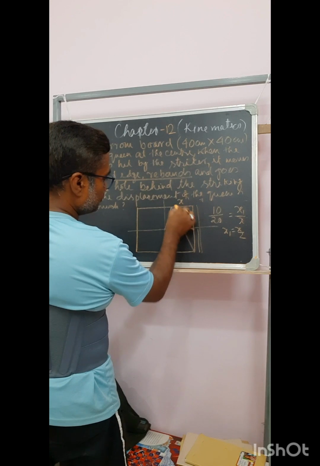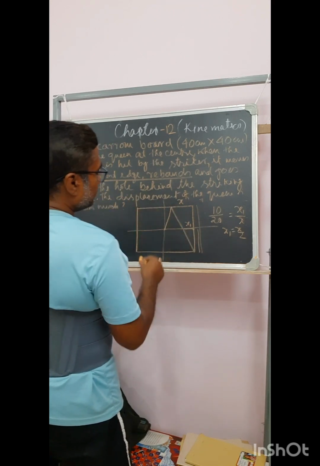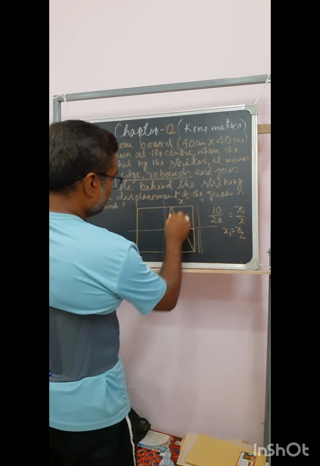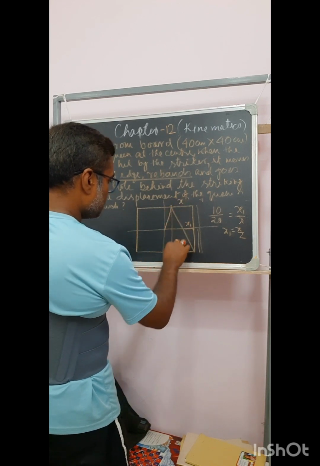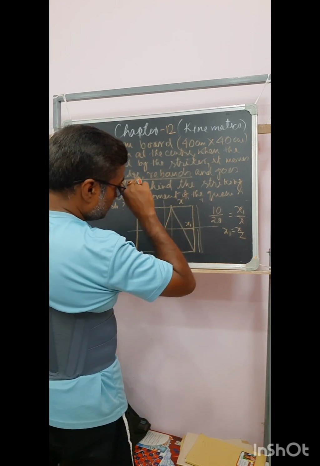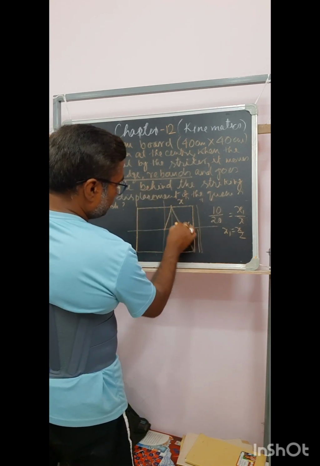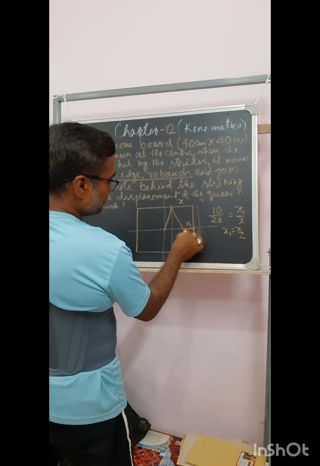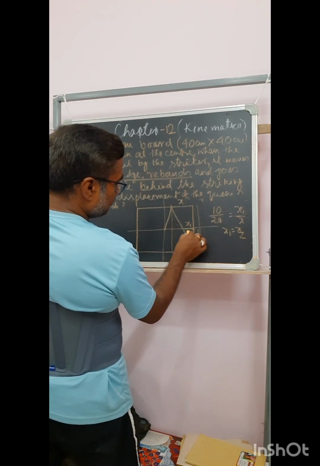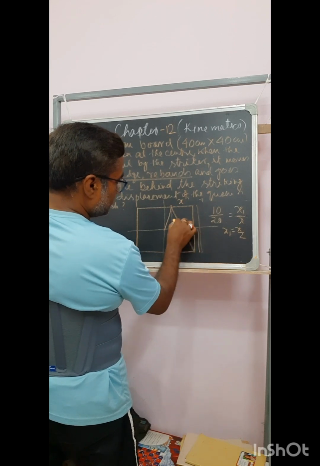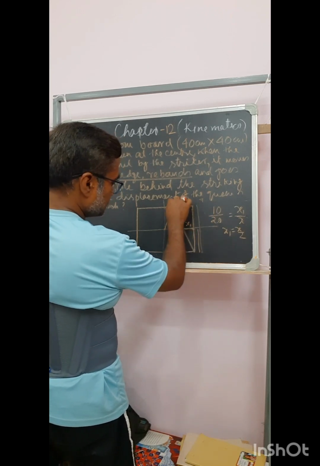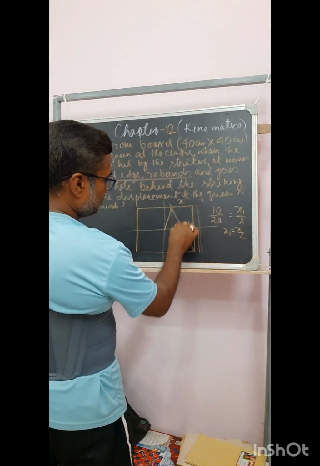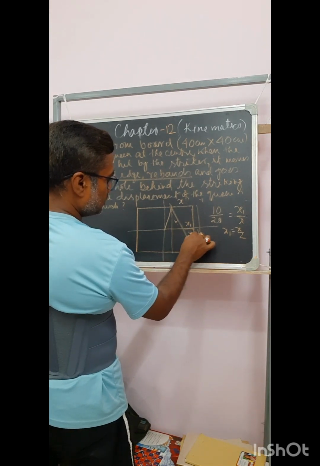Okay. So from there, if I draw this triangle, these two triangles must be similar, because this parallel to this is a common line. So it will be a similar triangle.